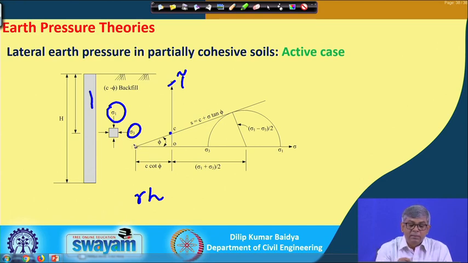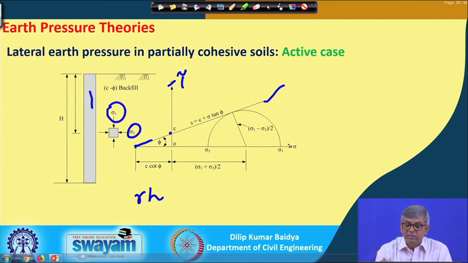This is the failure envelope, and if the full active case develops, then corresponding to that there will be a Mohr circle, and this may be the Mohr circle for that condition.